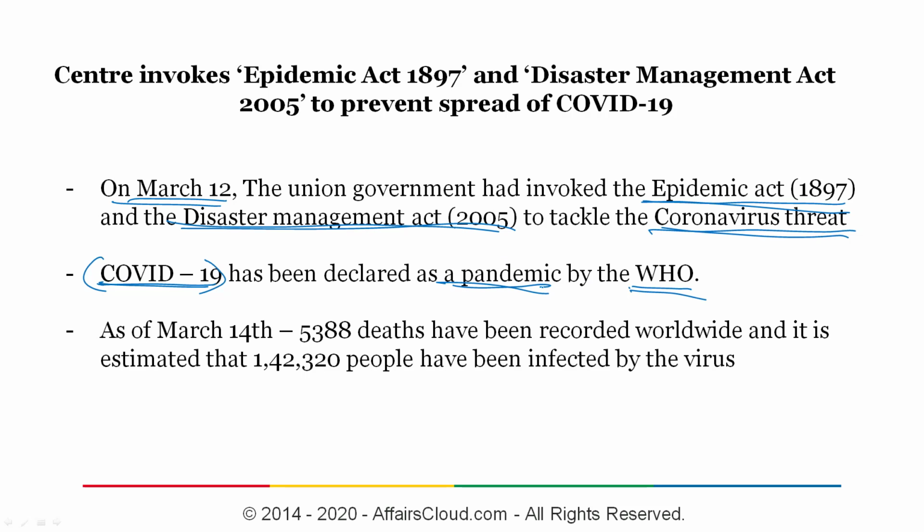As of March 14th, the number of deaths that have been associated with the disease stands at 5,388 estimated, and the number of people estimated to be infected by the disease stands at 1,42,320.